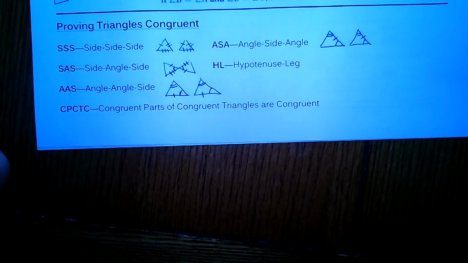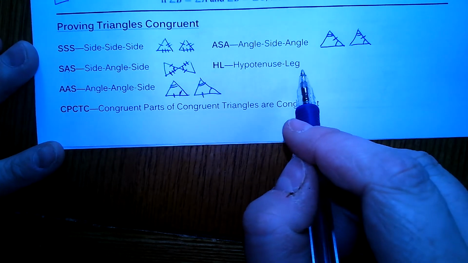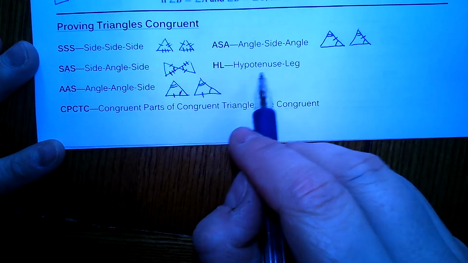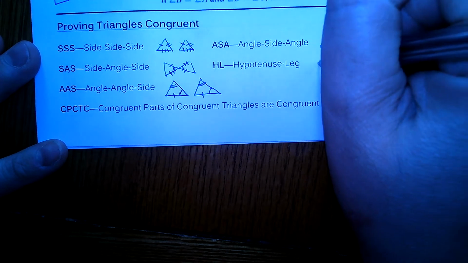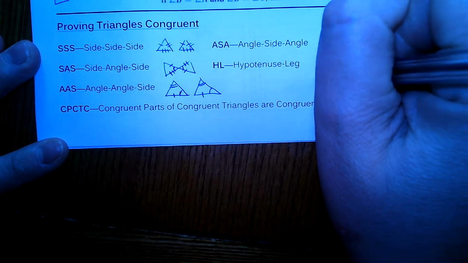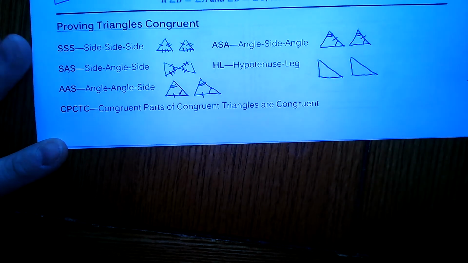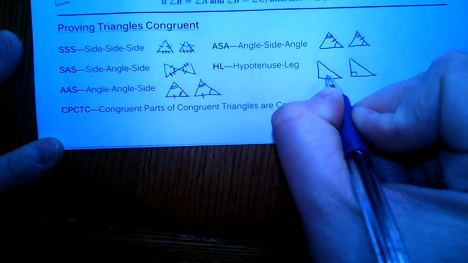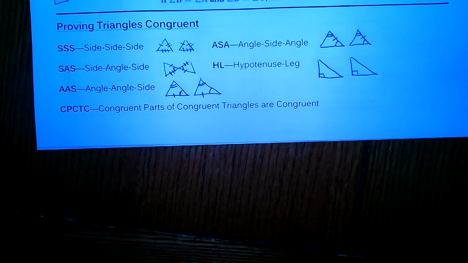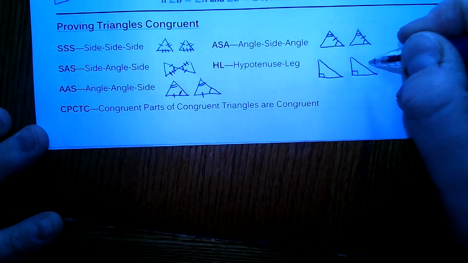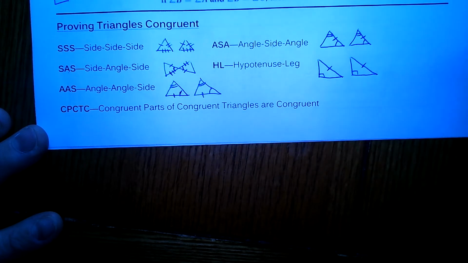And then finally, we have hypotenuse leg. And just due to that word hypotenuse, you know that these need to be right triangles. So I'll start with a picture of some right triangles. Put my little right angle in there. And I can know that these two triangles are congruent if they have the same length hypotenuse and one leg.